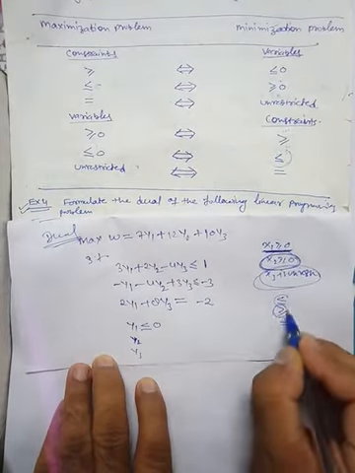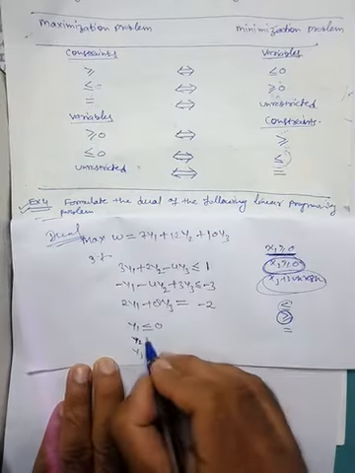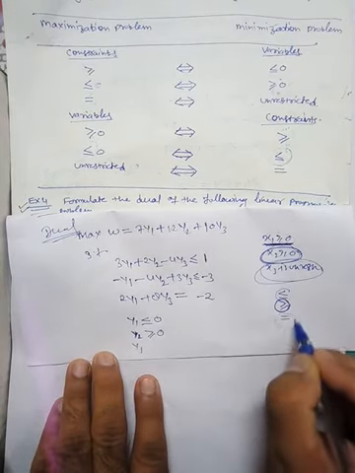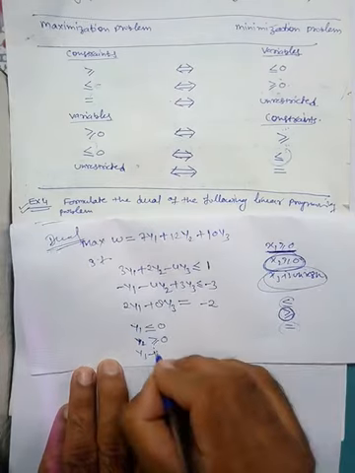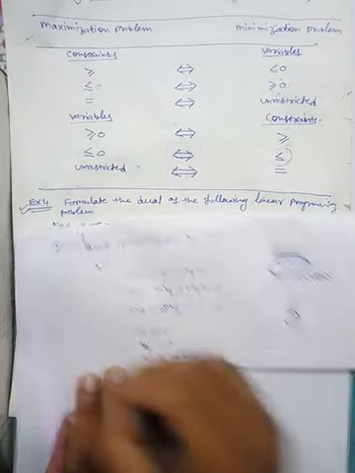The second constraint is greater than type, and hence the associated variable will be greater than equal to 0. Similarly, the third is equality type, so the variable will be unrestricted, so y3 is unrestricted. So this is the dual.